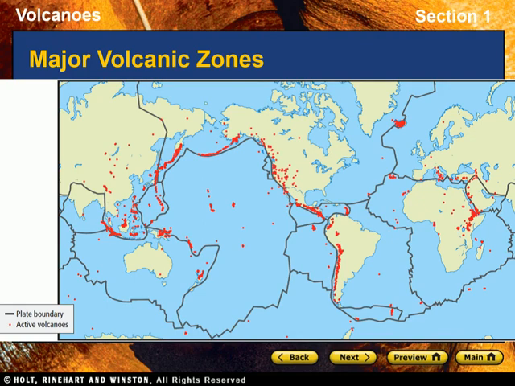A major zone of active volcanoes encircles the Pacific Ocean. This zone, called the Pacific Ring of Fire, is formed by the subduction of plates along the Pacific coasts of North America, South America, Asia, and the islands of the western Pacific Ocean. The Pacific Ring of Fire is also one of Earth's major earthquake zones.